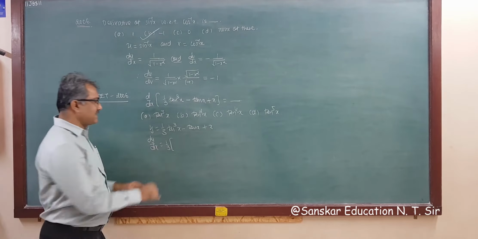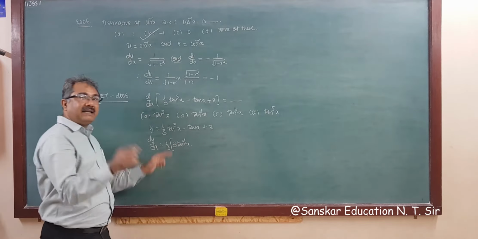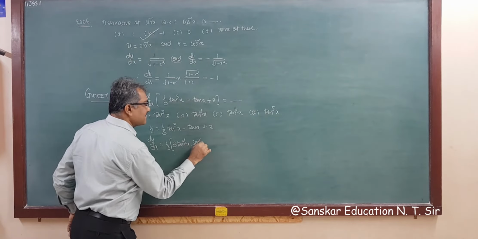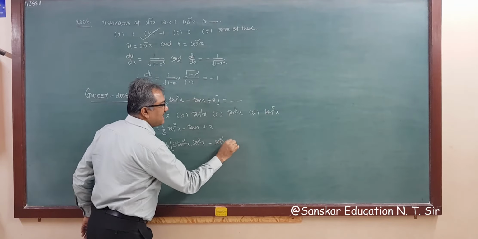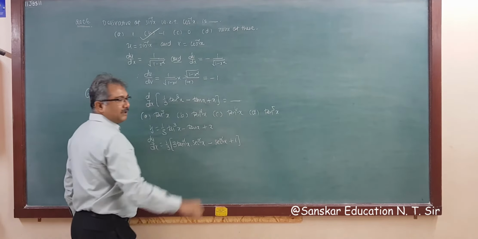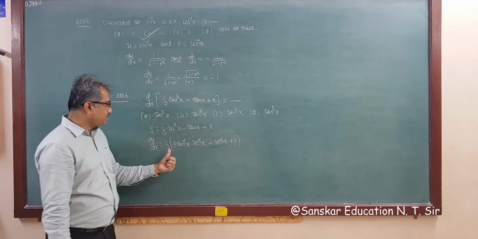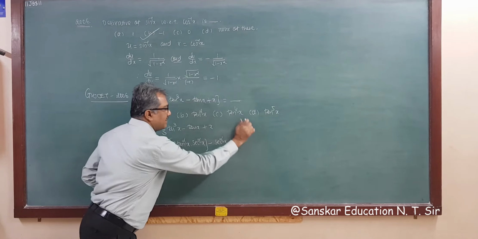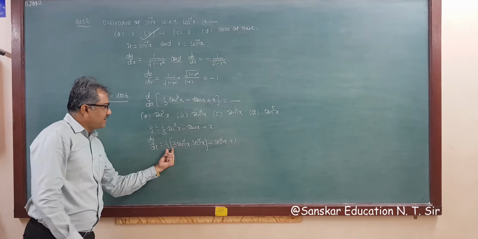The derivative of tan cube x is 3 tan square x, and the derivative of tan x is sec square x. So sec square x minus sec square x, plus 1, right? Now the 3 cancels.